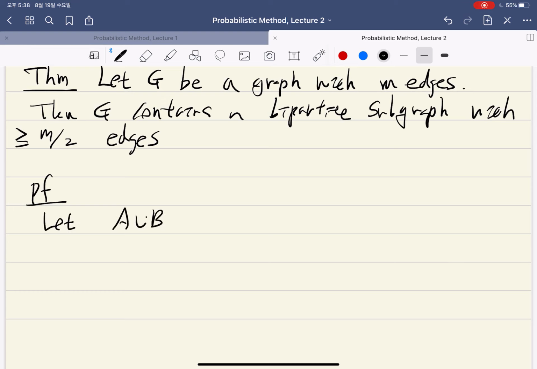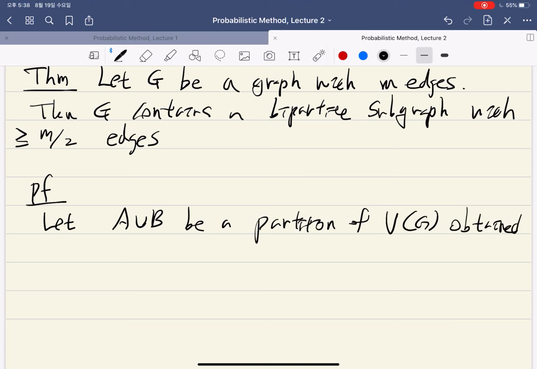We choose a partition at random, a partition of the vertex set obtained in the following way.